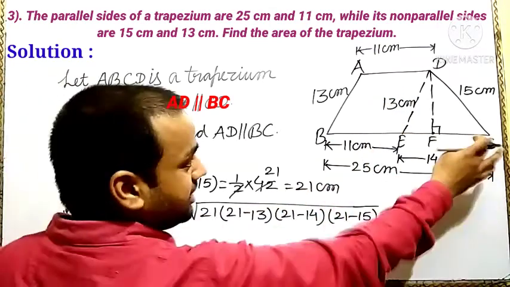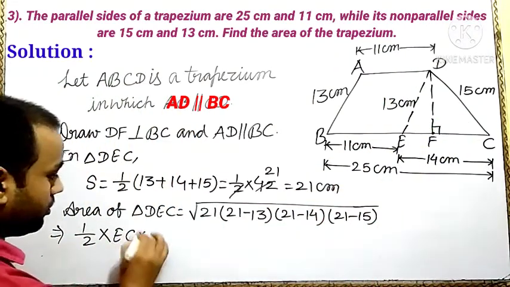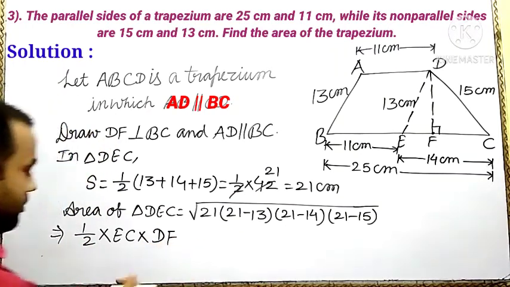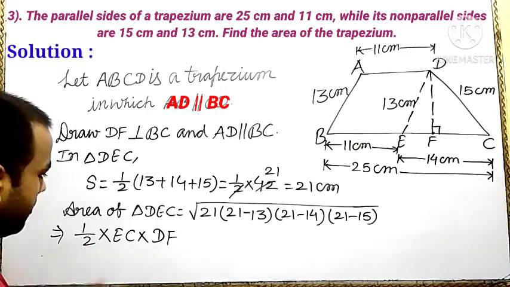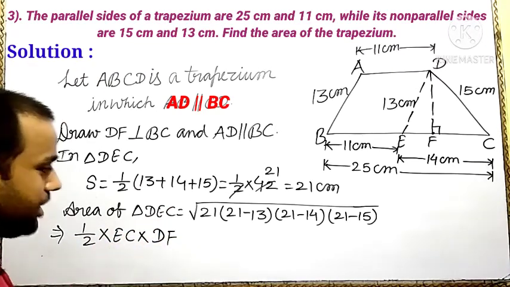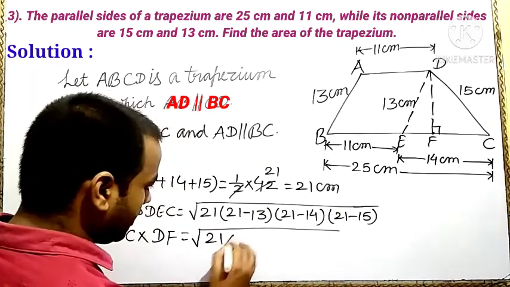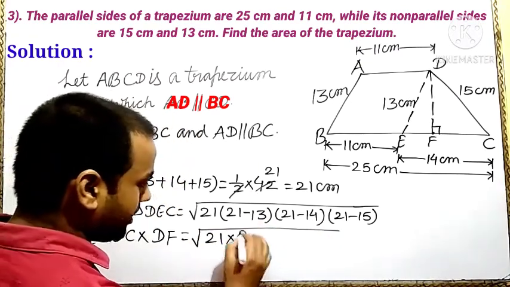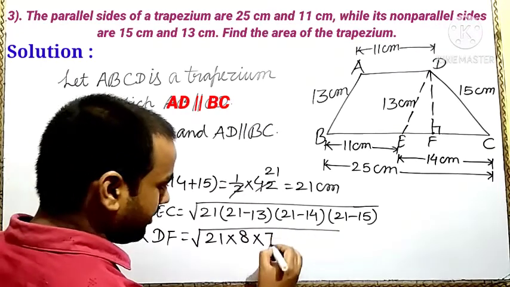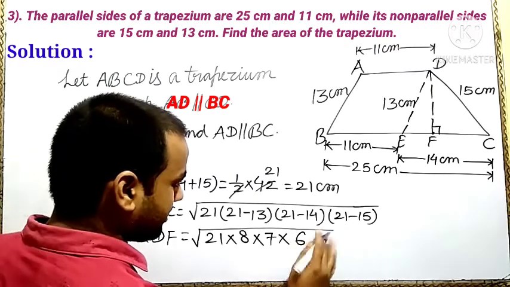Here base given EC, because here perpendicular drawn is the height DF. So with Hero's formula, we get 21 into 21 minus 13 we get 8, into 21 minus 14 we get 7, into 21 minus 15 we get 6.